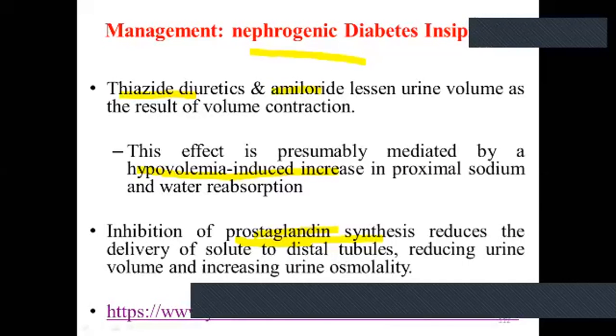Okay, so this is all about the summary of what I want to show about diabetes insipidus. But remember, primary polydipsia is a psychiatric disorder whereby the patient is actually taking a large amount of water, and ultimately they are losing a lot of water.